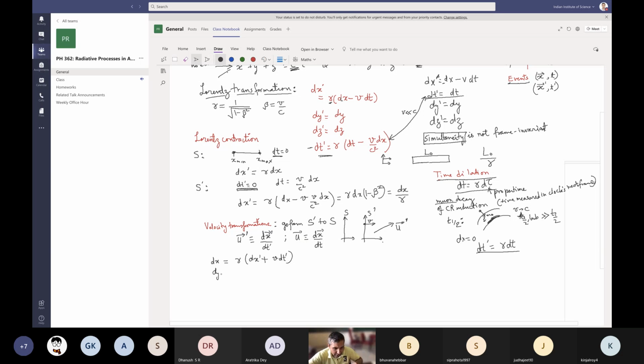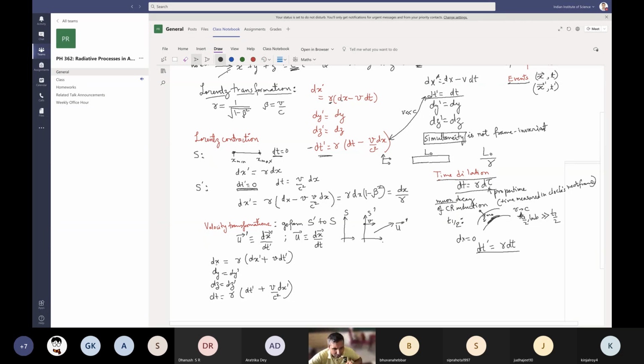So dy equals dy prime, dz equals dz prime, and dt equals gamma times dt prime plus v dx prime by c squared. This is the inverse transform.